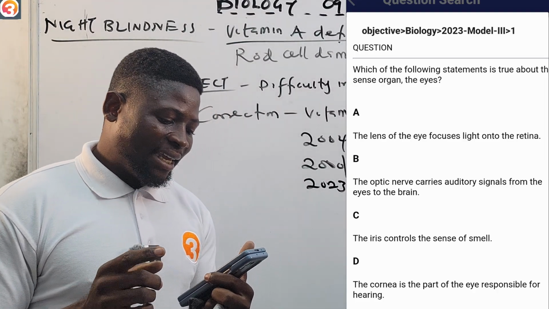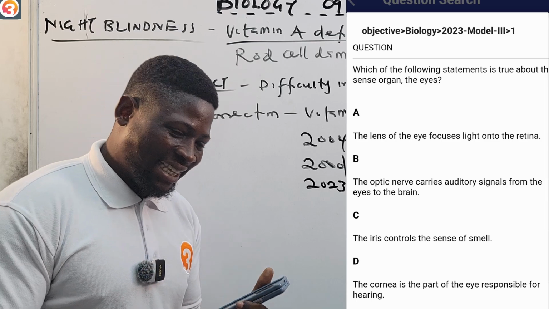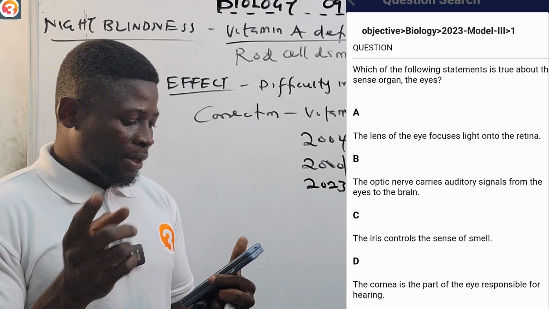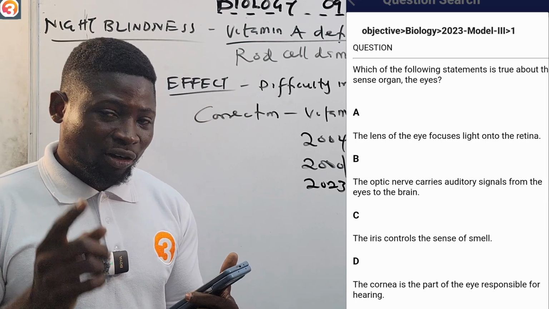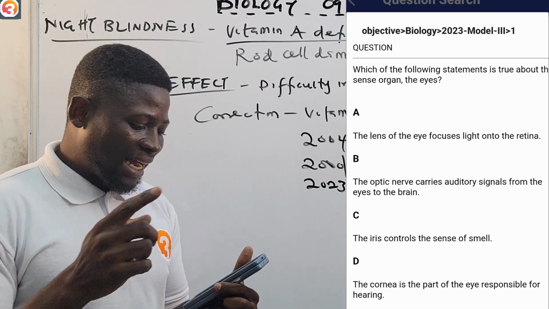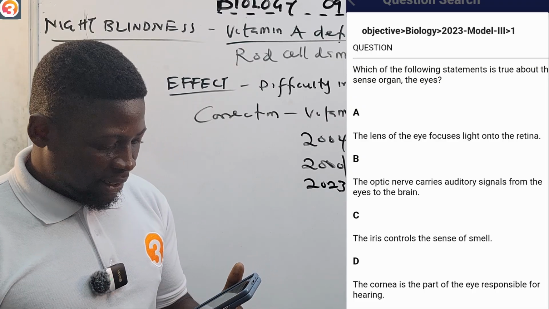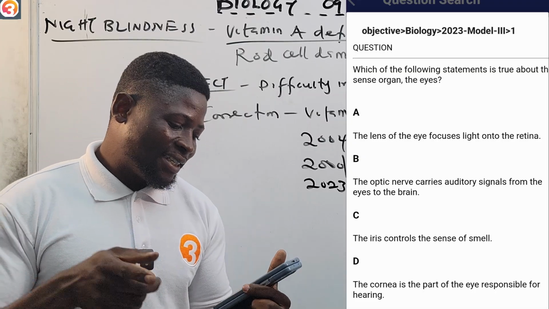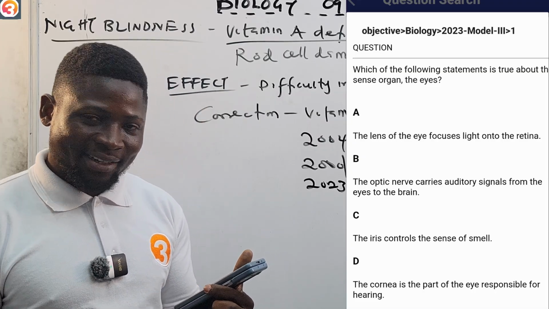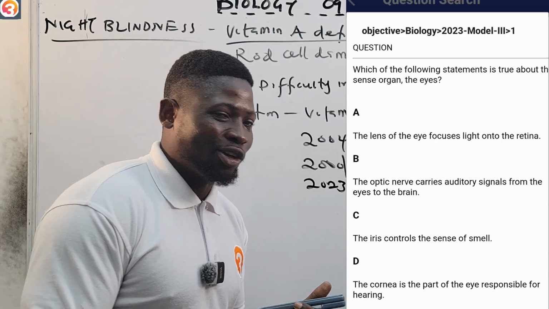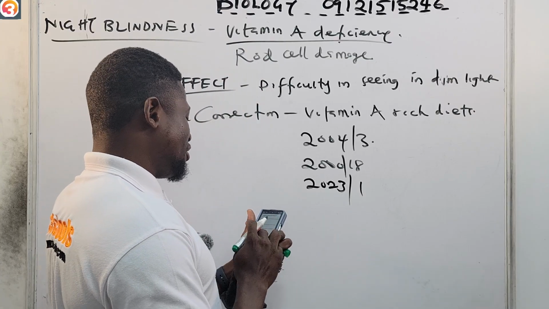A says the lens of the eye focuses light into the retina. B says the optic nerve carries auditory signals from the eyes to the brain. C says the iris controls the sense of smell. D says the cornea is the part of the eye responsible for hearing. Tell me the correct answer in the comment section.